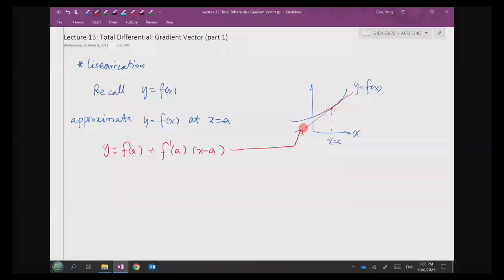Alternatively, you can see the y here, this y is referred to the straight line. So the actual y is approximately f of a plus f prime of a times x minus a. So you can use the value from the straight line to approximate this curve y equal to f of x.